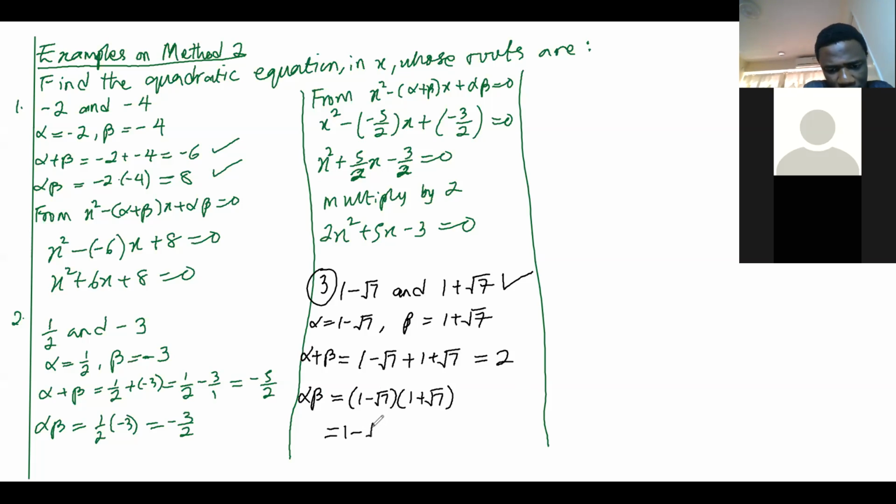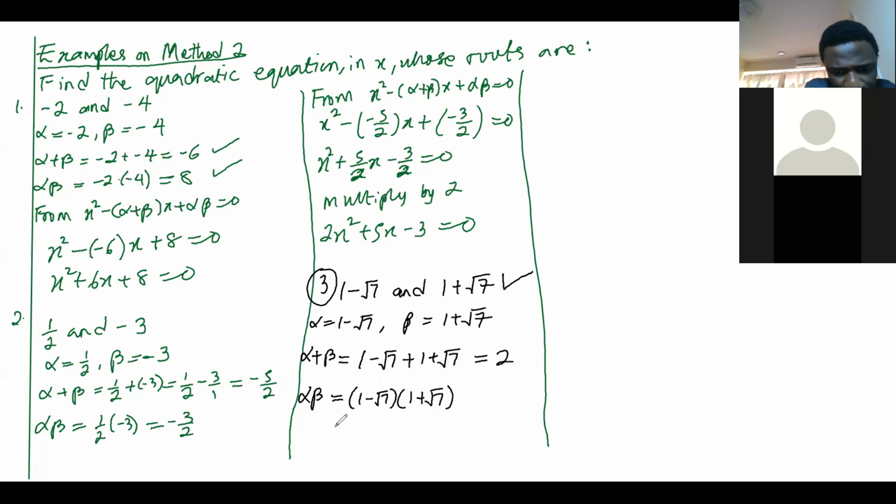Where do you get minus root 7 plus root 7, sir? Negative root 7 times 1. So your expansion, you started with what? 1 times? I did it the opposite way. It should be plus root 7 minus root 7. Yes, please avoid that. Told you that before.